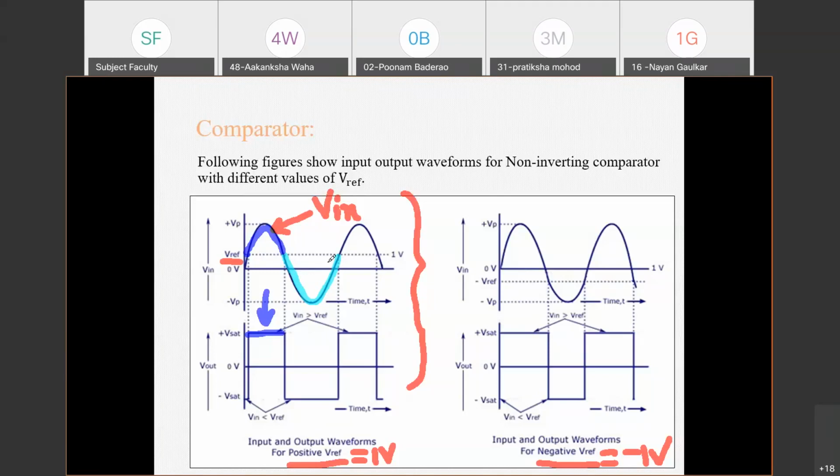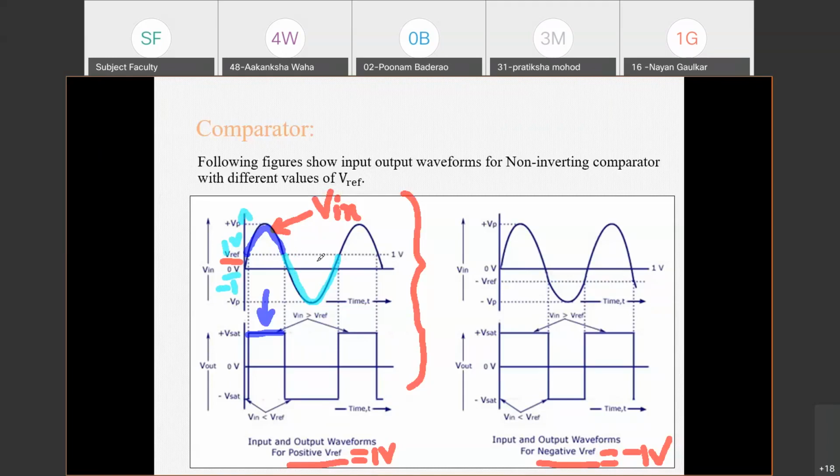Greater than. How will it be greater than? It is located below, no? But this is your x-axis. Okay, x-axis means this is your 0 volt on x-axis. So vertically upward it will become positive 1 volt, 2 volt, 3 volt like this, and in negative direction it will become -1, -2, -3. So this portion is in the downward direction of 1 volt.